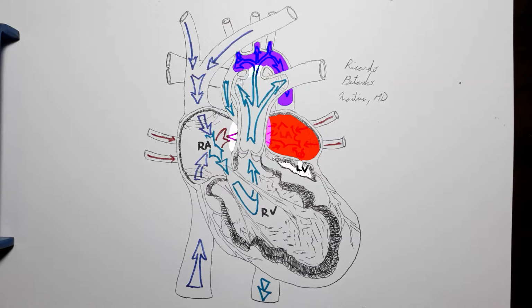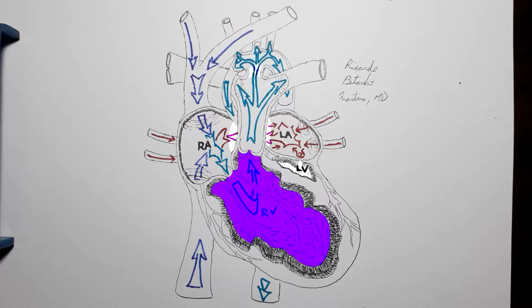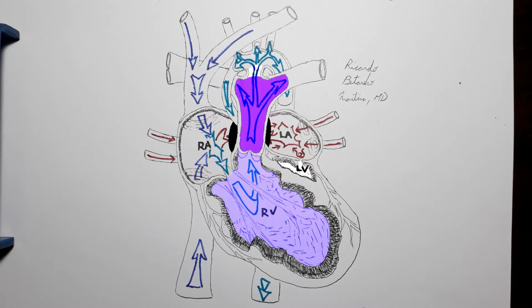Otherwise, we couldn't take the blood that's coming from the lungs to the heart and send it back to the systemic circulation. So, as you probably can deduce, the patent foramen ovale and the patent ductus arteriosus really must remain patent in order to preserve life, and it is in our interest to make them remain so.